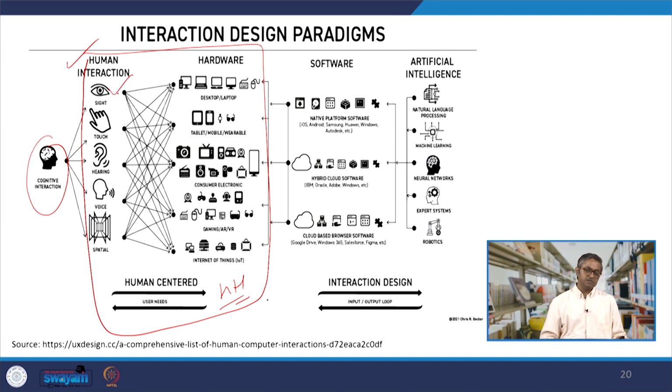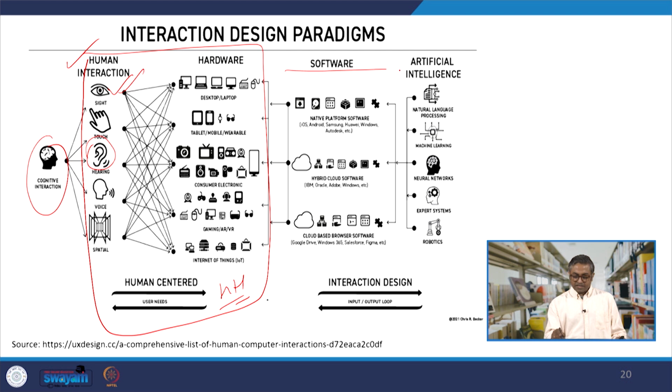Somebody is blind, he relies on touch, hearing, auditory. Somebody does not have ears but has vision. So the way they interact with the system will be different. Their interaction design will vary in relation to the person's sensory system.